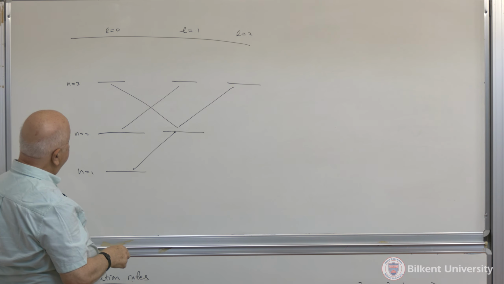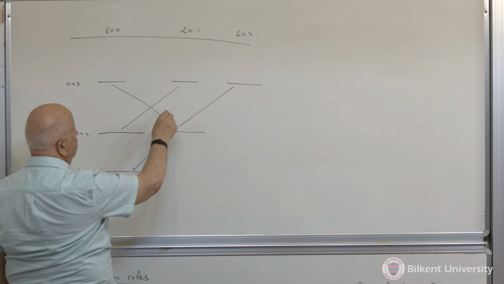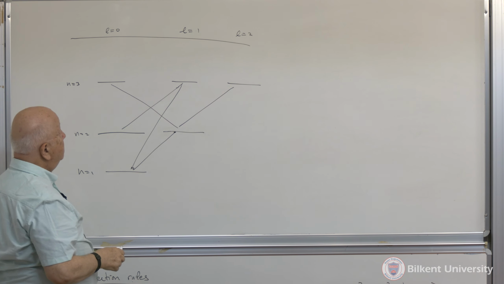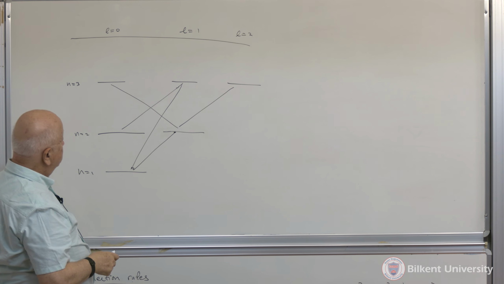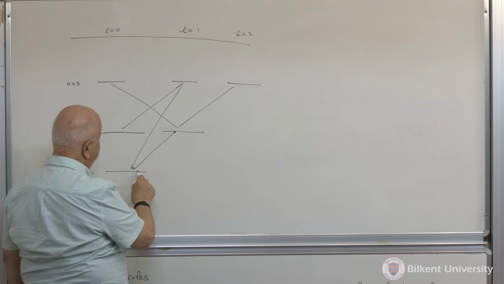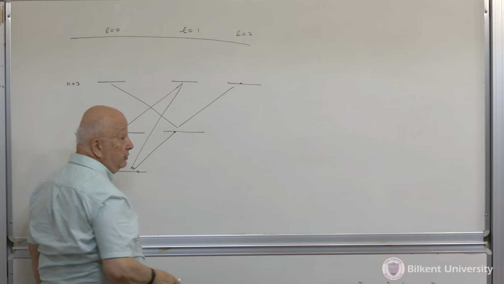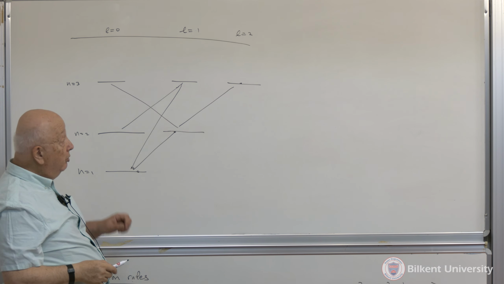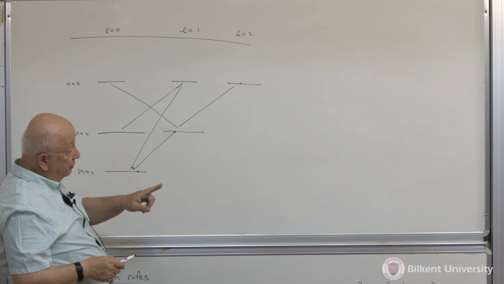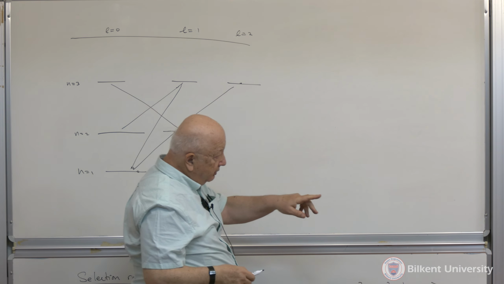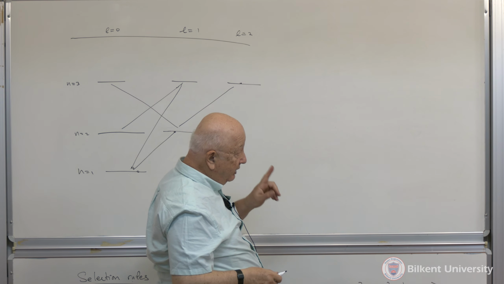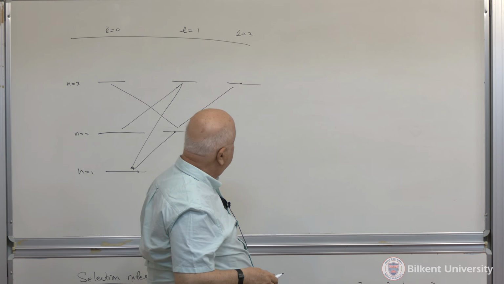Not only those, but of course I could also have jumps in 2 steps. I can go from that energy state to that one. But I cannot have, for example, a transition from this one to that one because that corresponds to a delta L equal to 2. And in each one of these transitions, I also have to be aware of the magnetic quantum number m also.